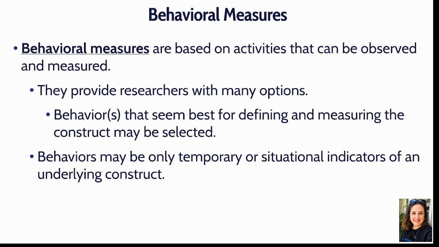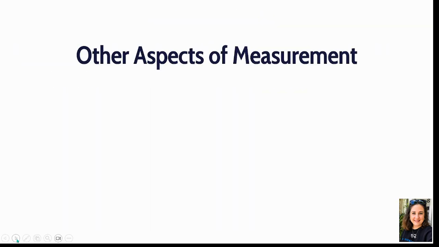So those are three things that I can put together. Those are three behaviors that I can measure, and then I can come up with a score. But you have to always keep in mind that a behavior can be temporary or it might be situational, and it might not be the best indicator for that underlying construct that we're trying to get at.